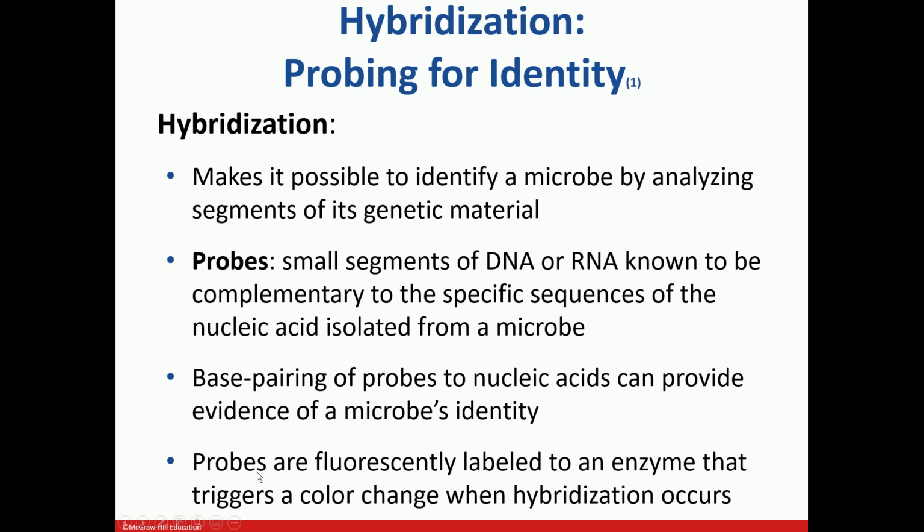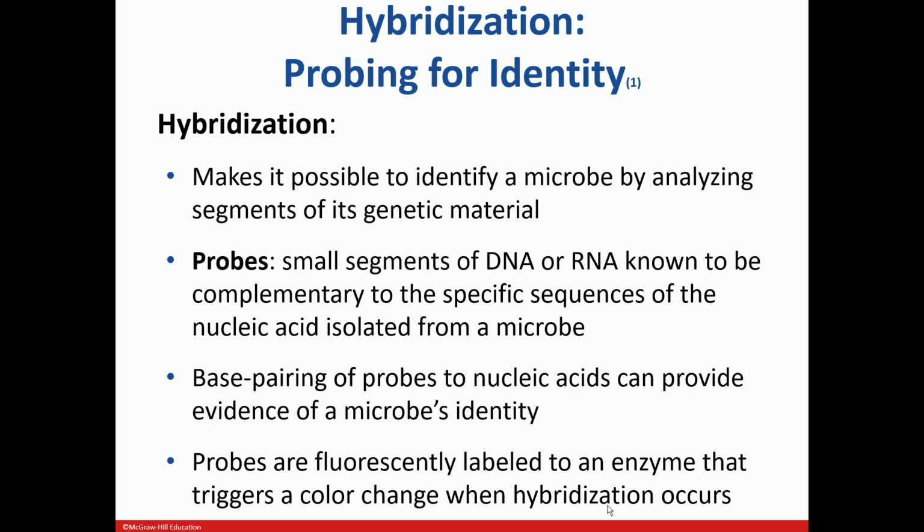And these probes are labeled with an enzyme, and that enzyme is going to trigger a color change when hybridization occurs. Okay, so if the hybridization takes place, a color change will take place, and that will let us know that the hybridization is taking place.